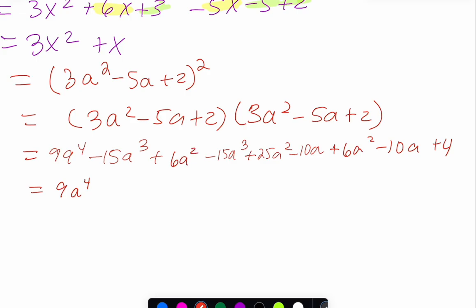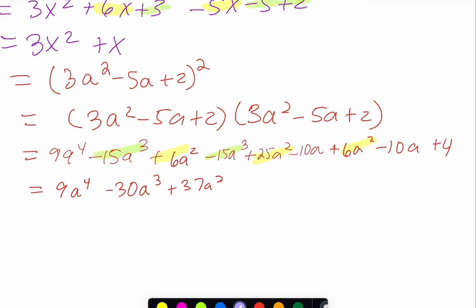Let me just go down the list. As I was saying, it's very easy to make silly mistakes. Okay, so the next thing we're checking for are the cubes. There's a cube here and here. That's a total of negative 30a cubed. And then we have a few a squares. We have 6 plus 25 plus 6, which is 37a squared.